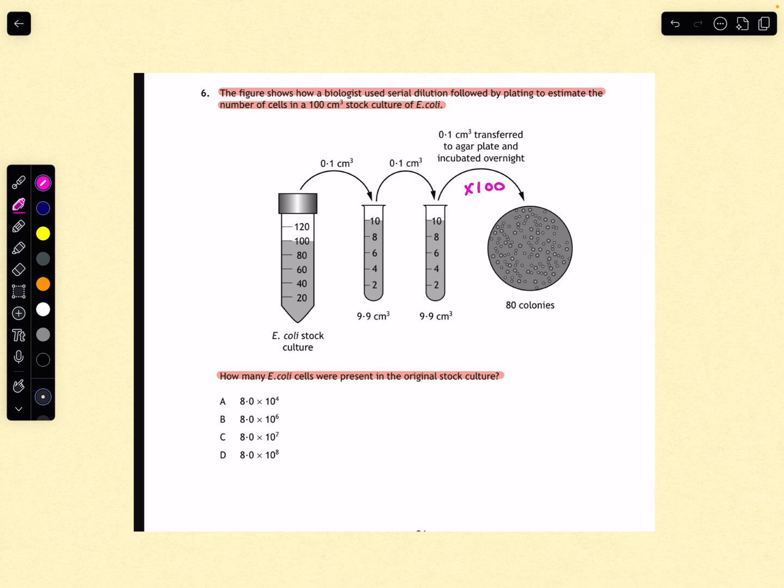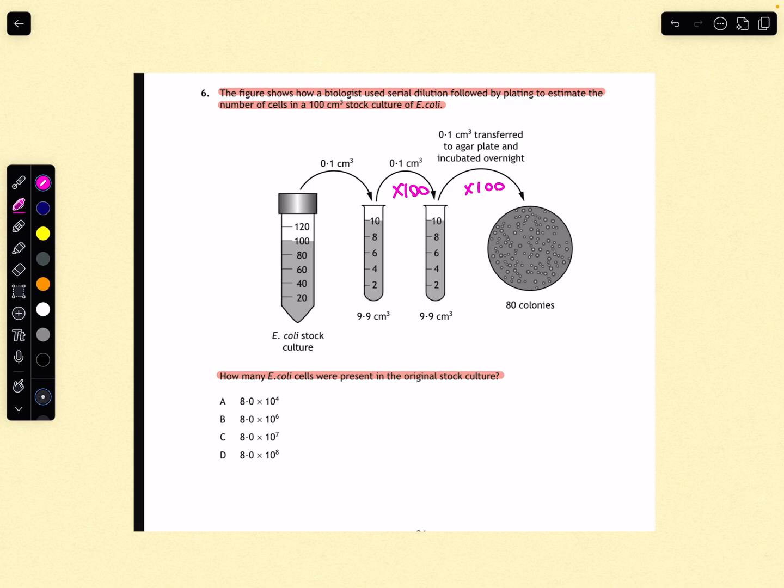So we're going to make another calculation, which is exactly the same, because we're making the 10 in the third test tube, and we're making it up to 10 in the second test tube, which we took a 0.1 centimetres cubed out. So to do this, we're going to times it by 100 again, and then we're going to do the same for the final test tube.